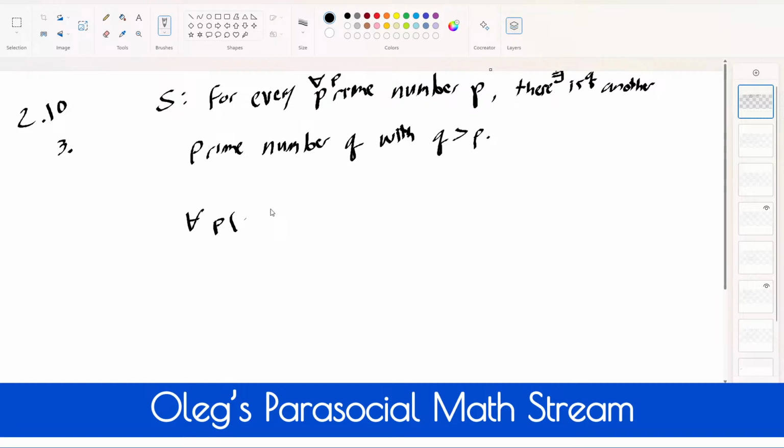Let's see here. Okay, well, let's define this. You just have to negate the statement. We don't have to actually write this whole thing out. I might be overthinking this.